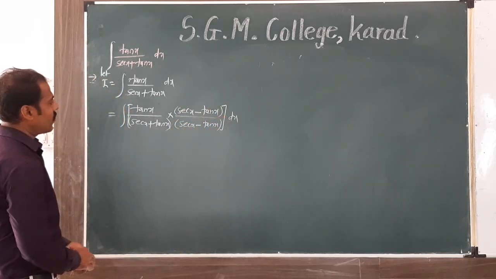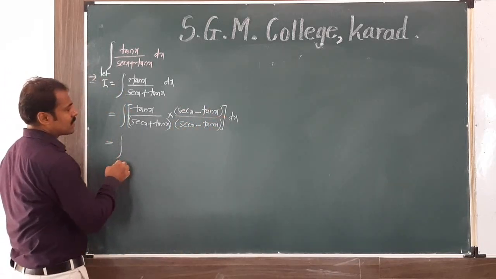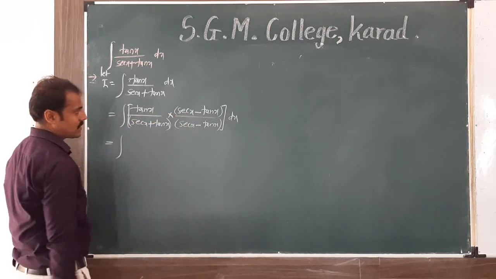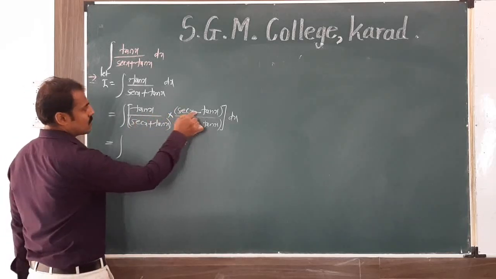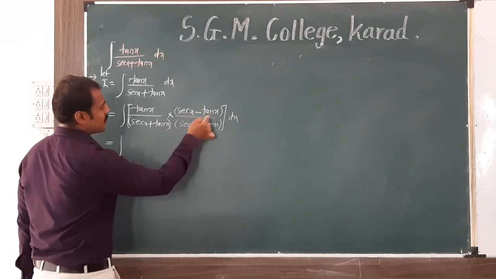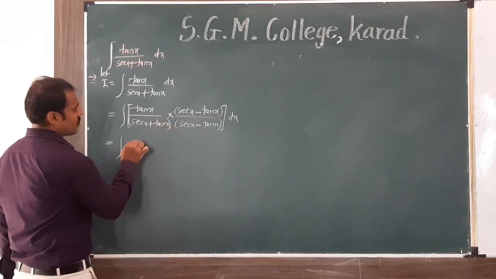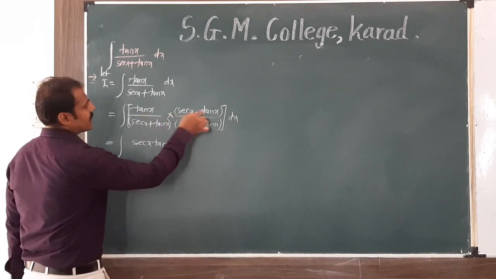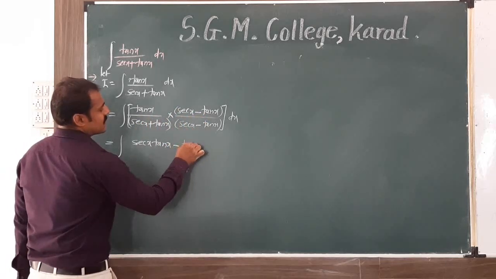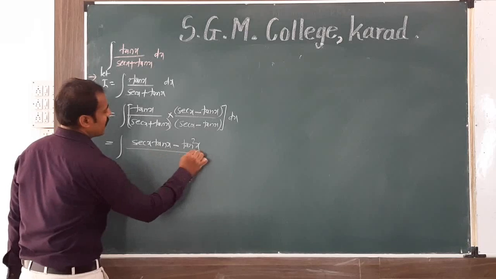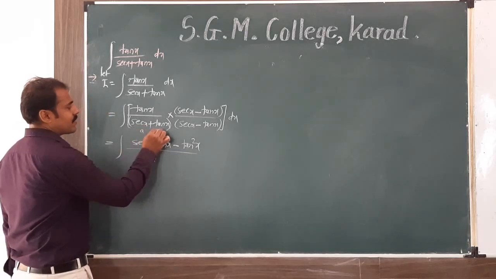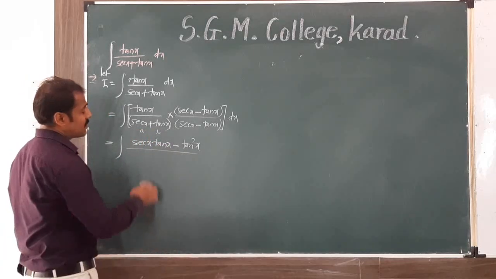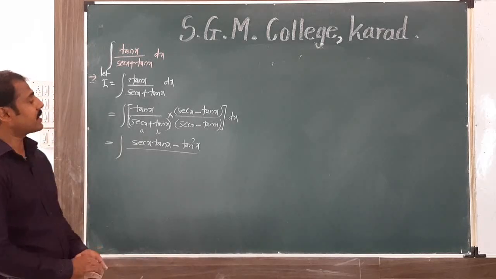Okay. Now look at here. After simplification, tan x into sec x minus tan x: tan x into sec x, which is sec x tan x, minus tan x into tan x, it's tan square x, divided by. Look at here. Consider sec x as a and tan x as b.